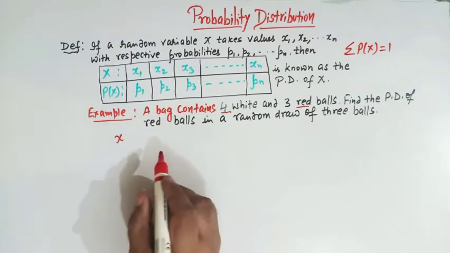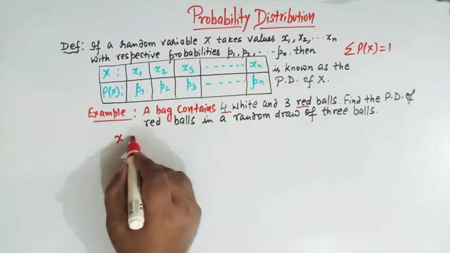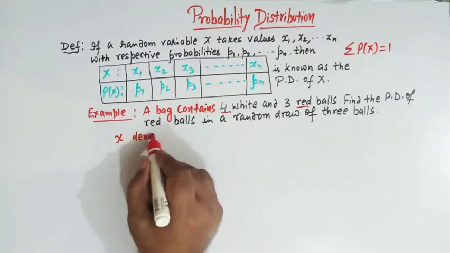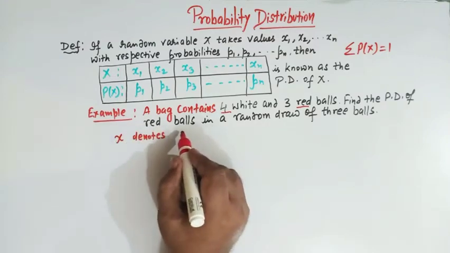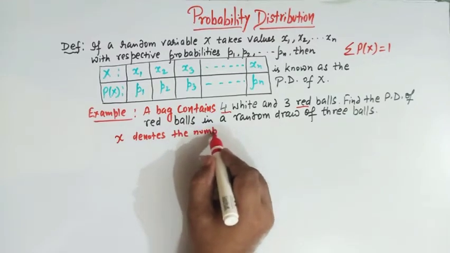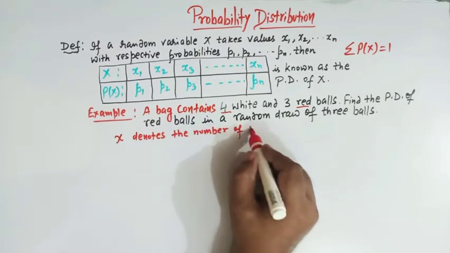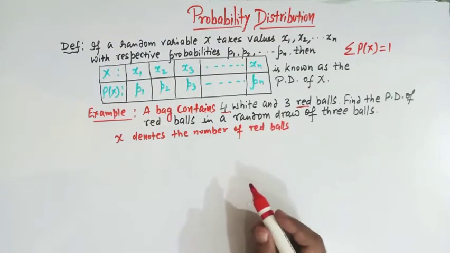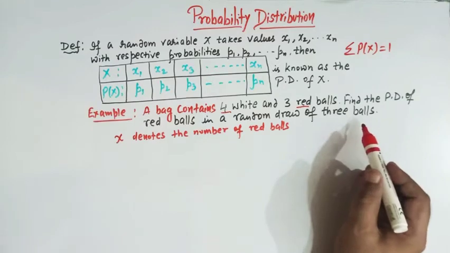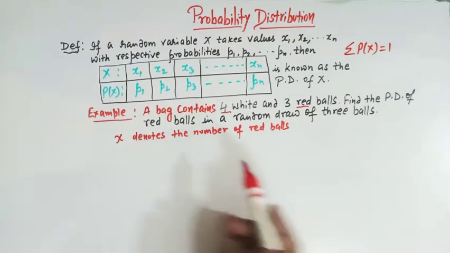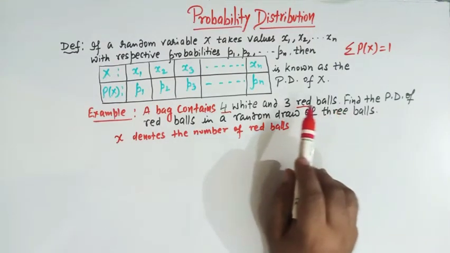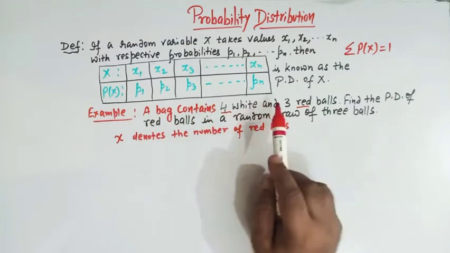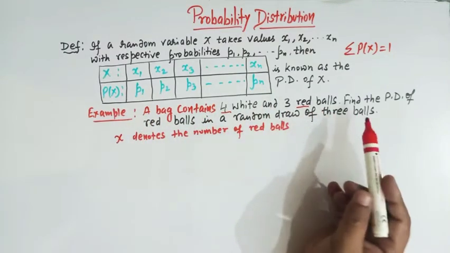What is X? X denotes the number of red balls in a random draw of 3 balls, right? Here we have to draw 3 balls, and the bag contains 4 white and 3 red balls.